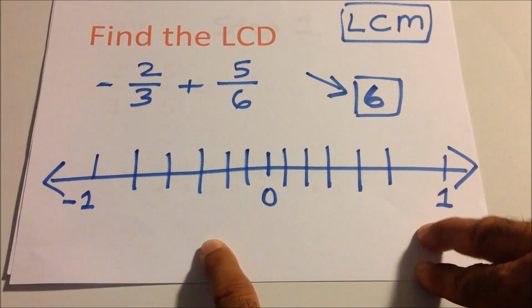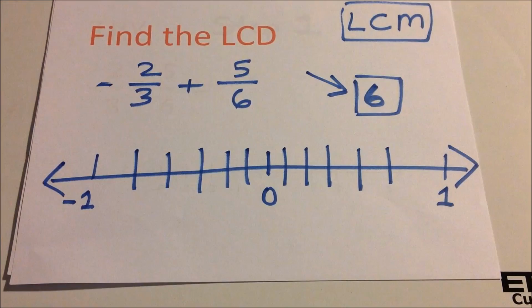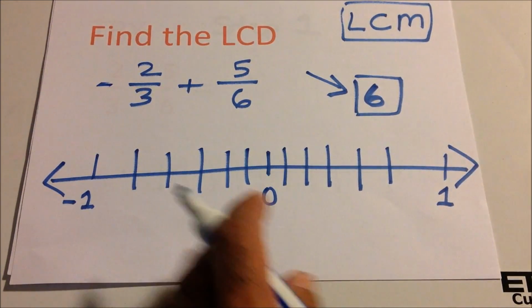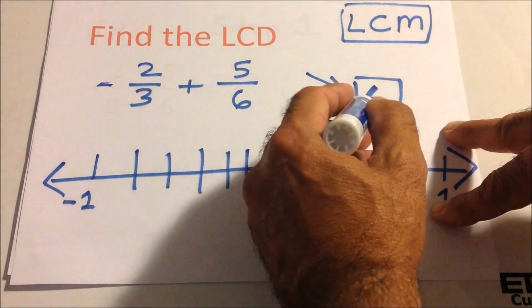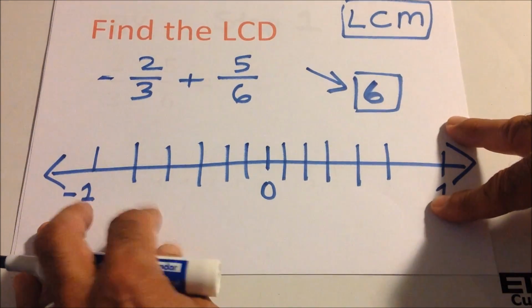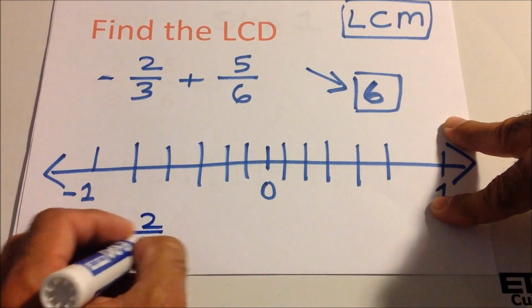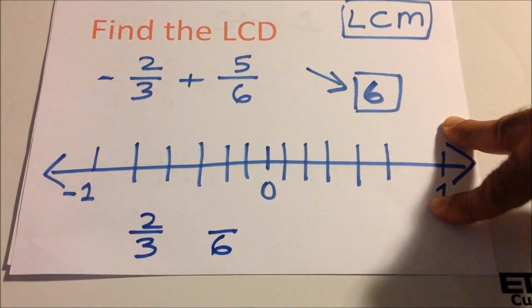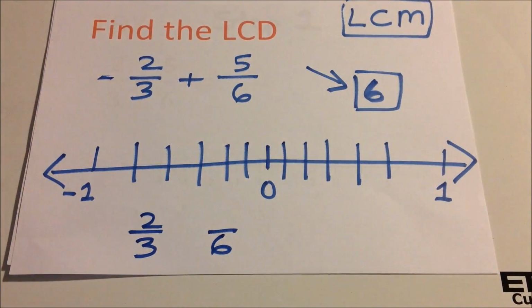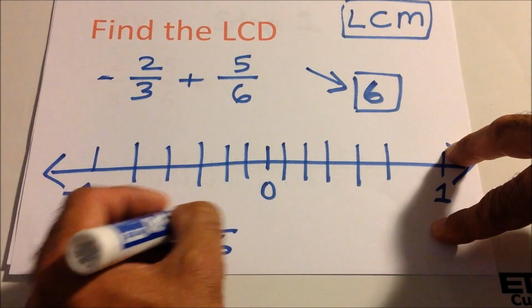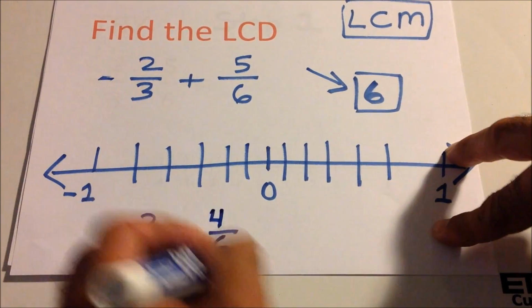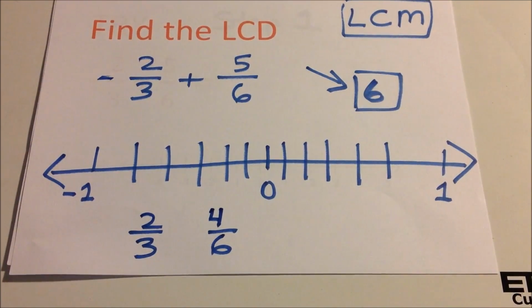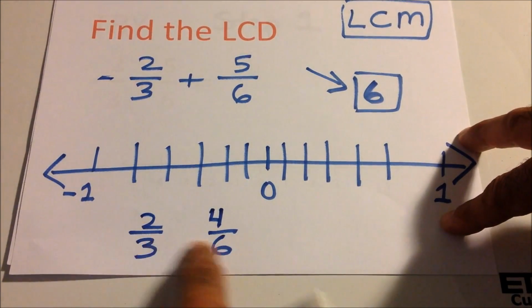Okay? So now let's find -2/3. Well, before we can find -2/3, we need to convert into sixths, because that's the LCM. So if we had 2/3, how can we get 6? 3 times 2 is 6. So 2 times 2 is 4. So 4/6 is a common equivalent fraction, 4/6.